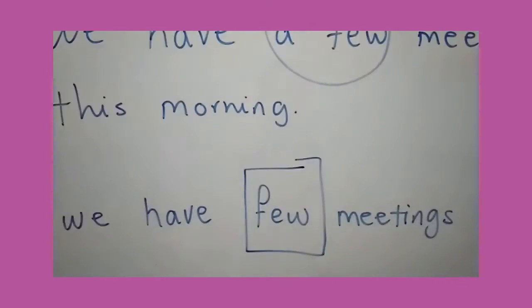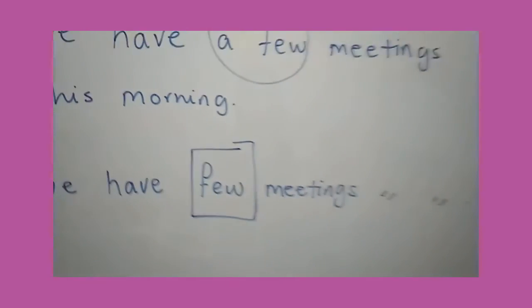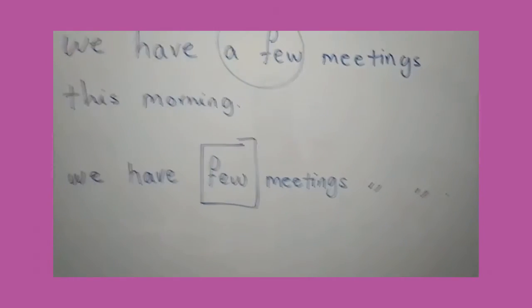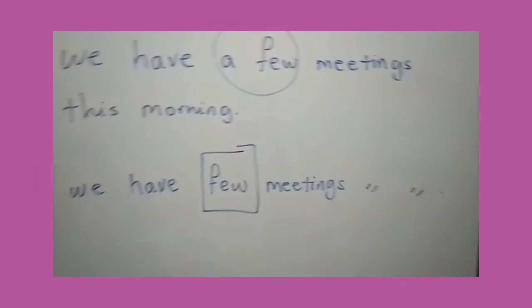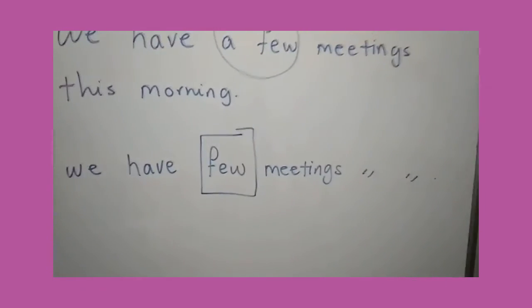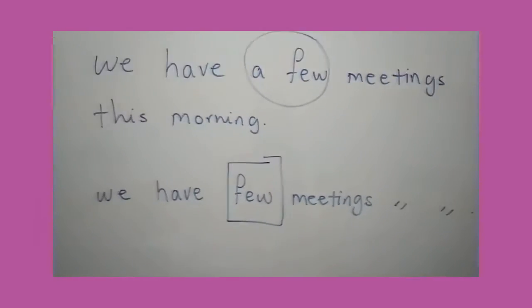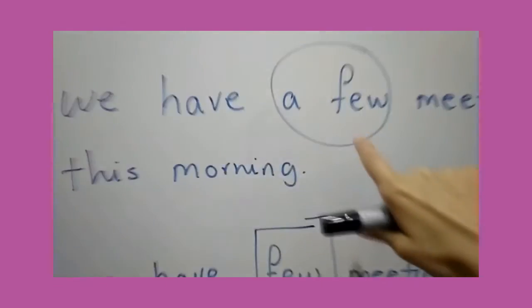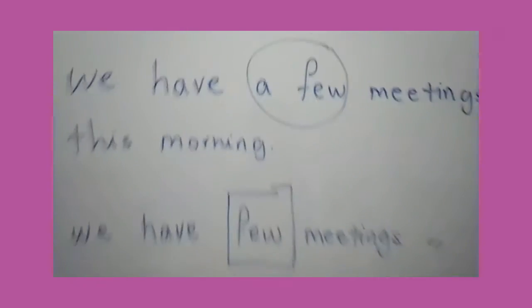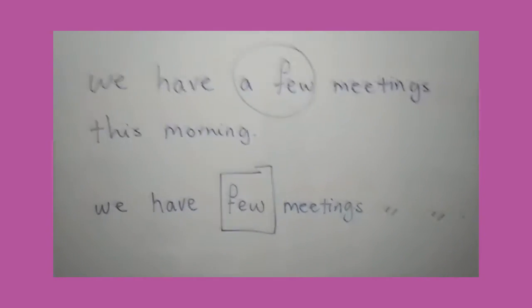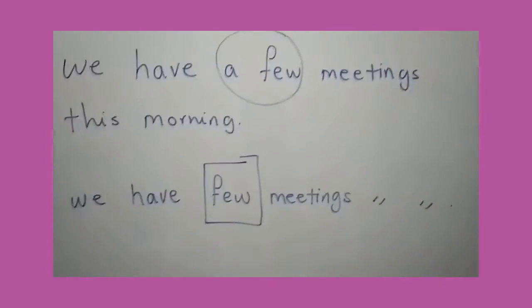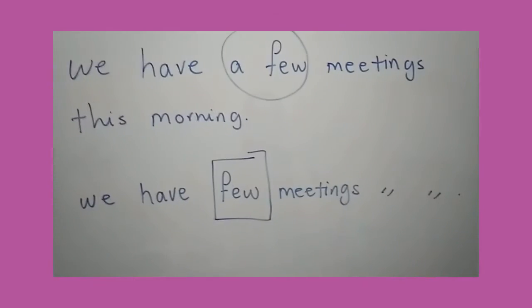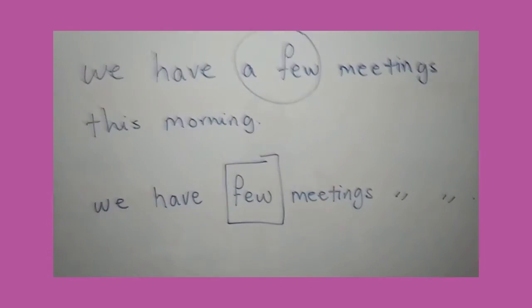With the use of "few," it shows that the number of meetings is very, very limited. Probably we only have 1 or 2 meetings. So usually, if we have "a few," that means we have some, which is a good thing. This is basically the difference between "a few" and "few."